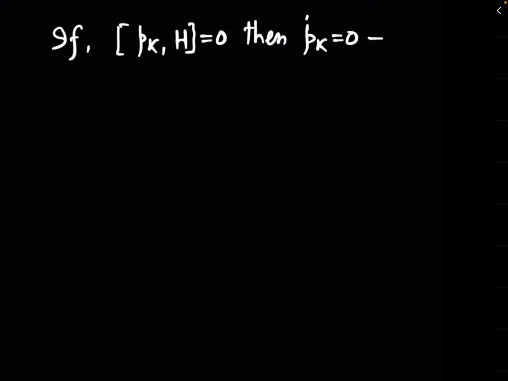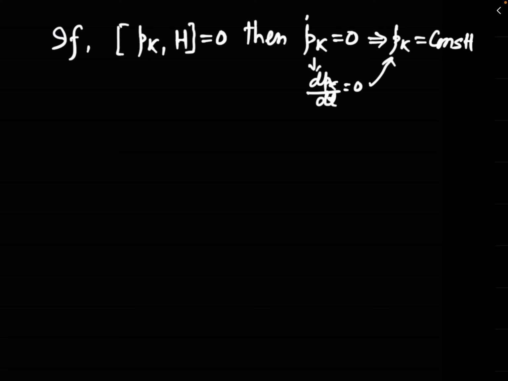And as you know, if pk dot is 0, what does it mean? It means pk is equal to constant, because pk dot is simply dpk by dt, and if it is 0, then pk will be constant. That is, the linear momentum is conserved.